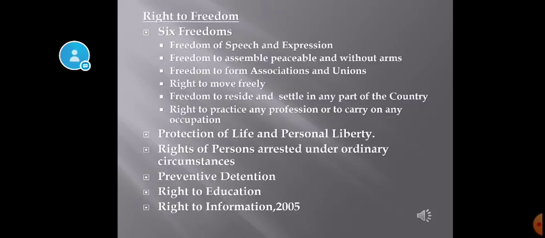The first one tells you that no one shall be detained for a period longer than 3 months. This period can be extended only by an advisory board. Only those persons who are judges of the High Court or are qualified to be appointed as judges shall be the members of the board. Second, the preventive detention law should lay down the maximum period of detention for a detainee.